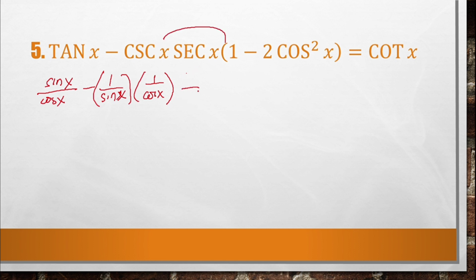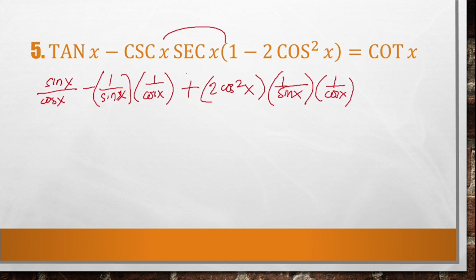So minus, this will become plus 2 cosine squared x times 1 over sine x times 1 over cosine x.